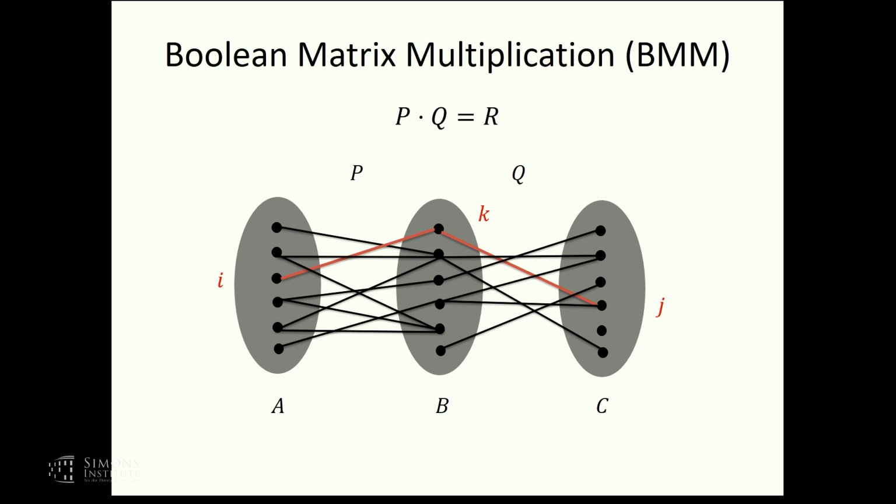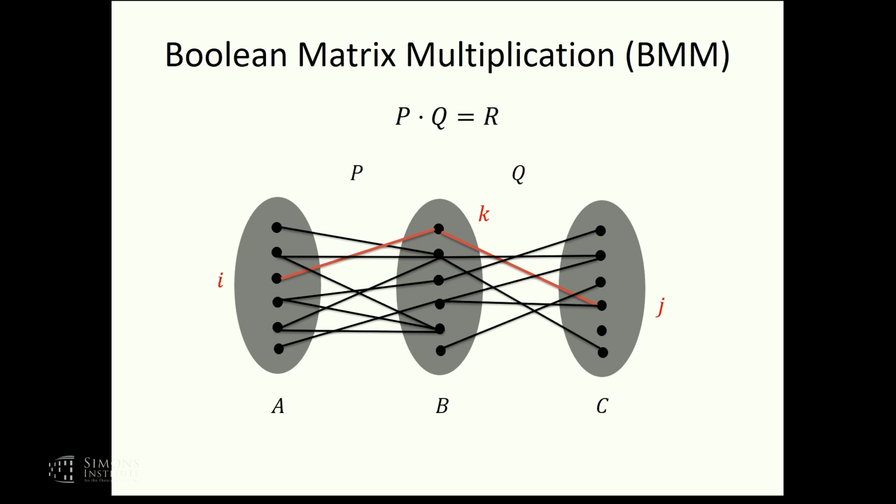If you describe the connections over here by an incidence matrix and the connections over here also by an incidence matrix, then the product of the two matrices PQ gives you exactly the connections from left to right, and that's exactly the Boolean matrix multiplication product. So that's what it is about.